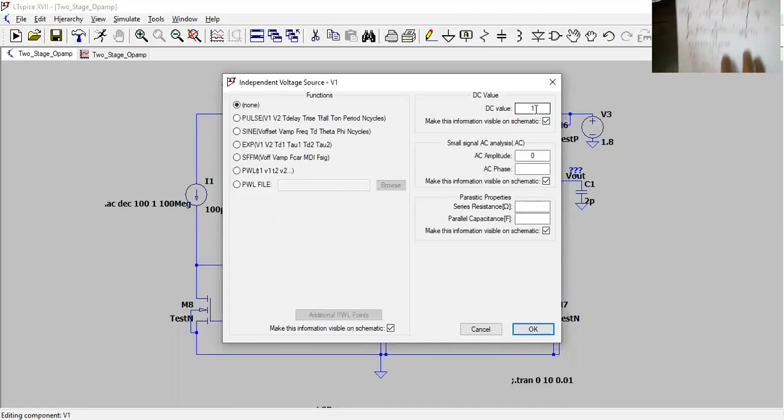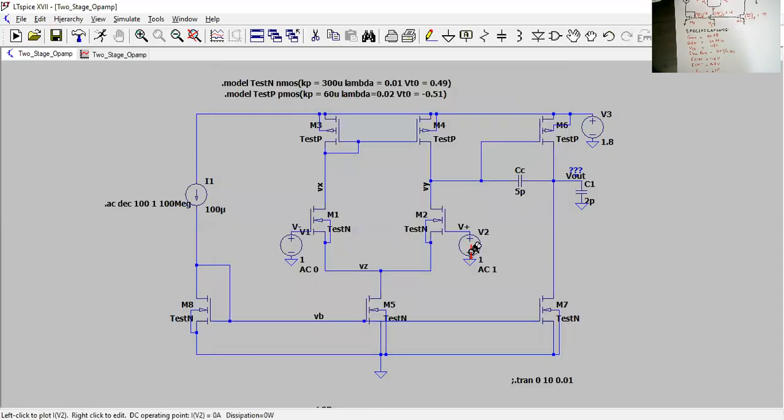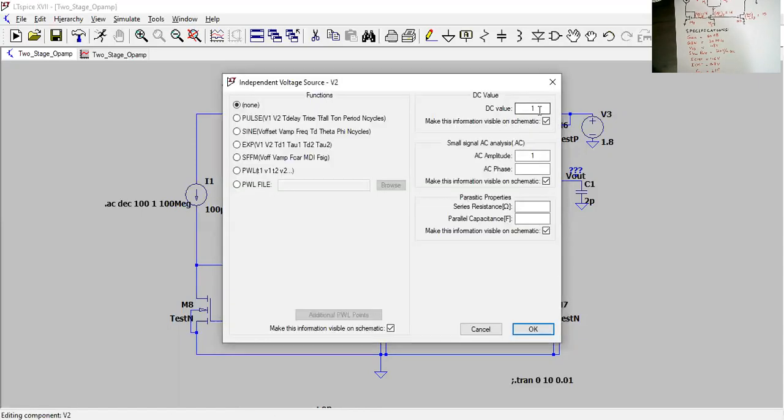In our design, we said it changes from 0.8 to 1.6 volts, so 1 volt is a reasonable value. For the AC amplitude, you should select 0 here. Now on the positive side, you will select the same DC value that you selected for the negative side, while your AC component should be equal to 1.